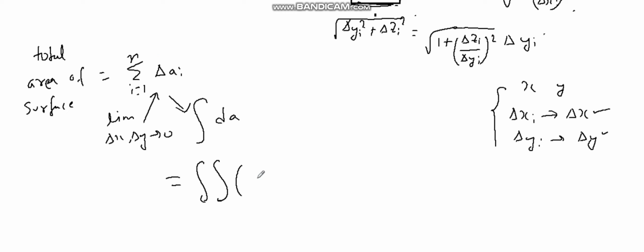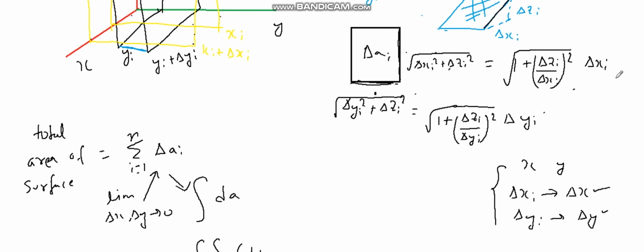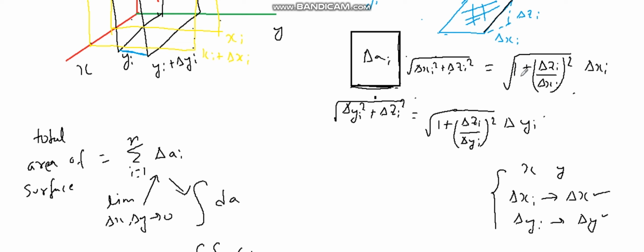The first term is 1 plus, okay, by the way, if we just apply the limit delta x comma delta y tends to 0 in these and these, it will produce the partial derivative.